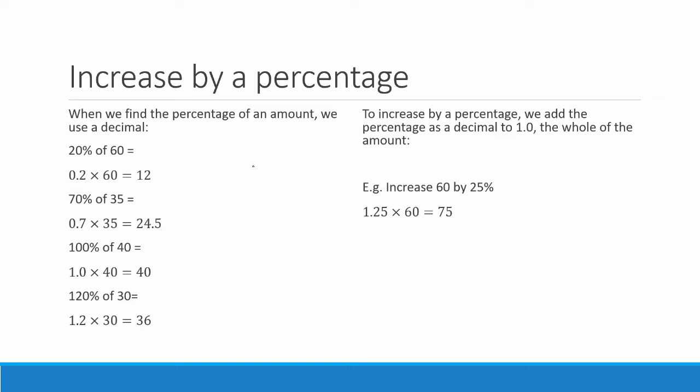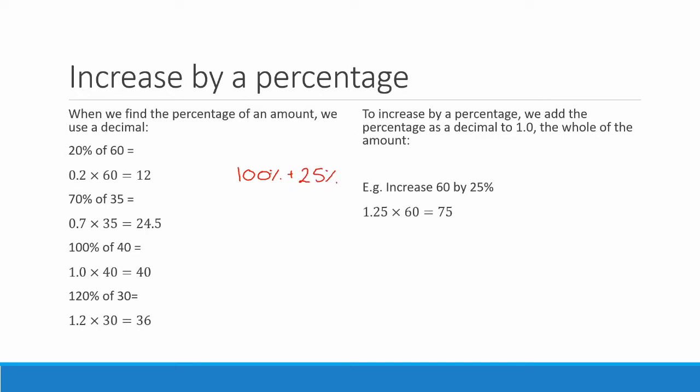Let's just look at this again. So I want to increase 60 by 25%, which means I want to keep all of my original amount of 60, or my original 100% of 60, and I want to add on to that another 25%.